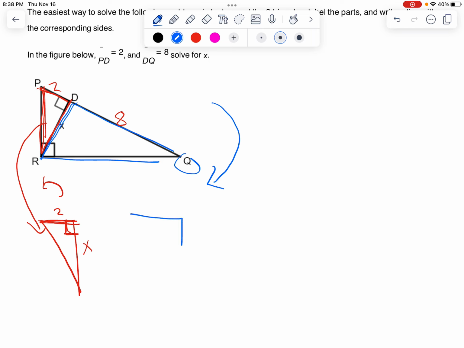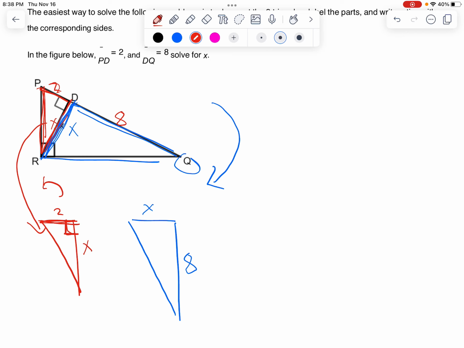This is 8. And for the blue triangle, the short side is x, and the long side is 8. Now for the red triangle, it's the opposite. The short side is 2, and the long side is x.